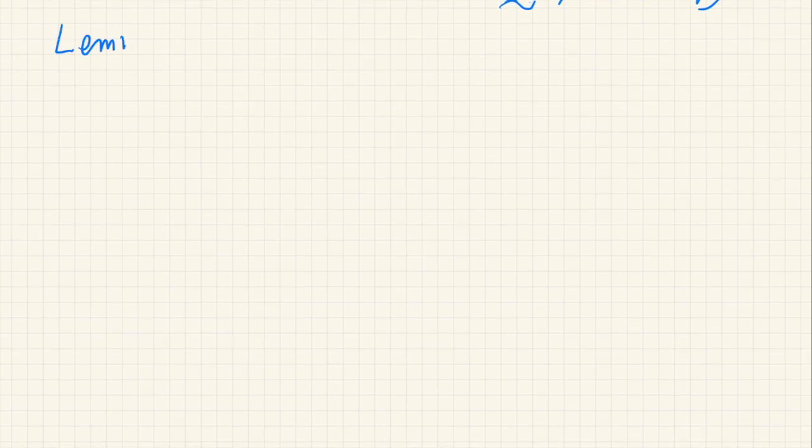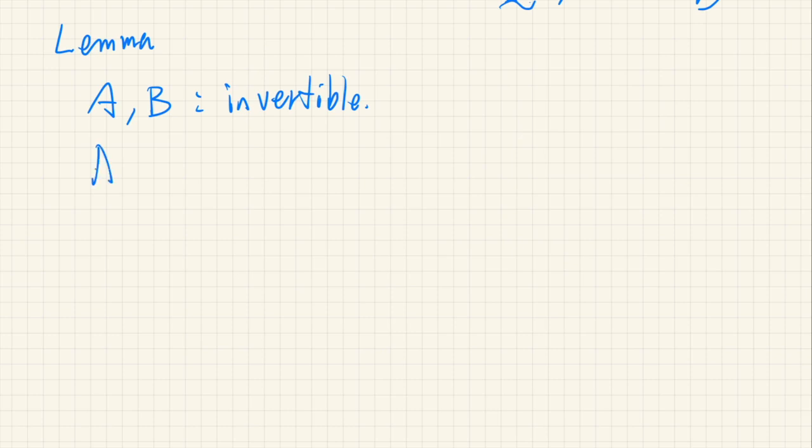Okay, lemma. Suppose A and B are invertible matrices, so they are regular matrices. And also assume A plus B is invertible.